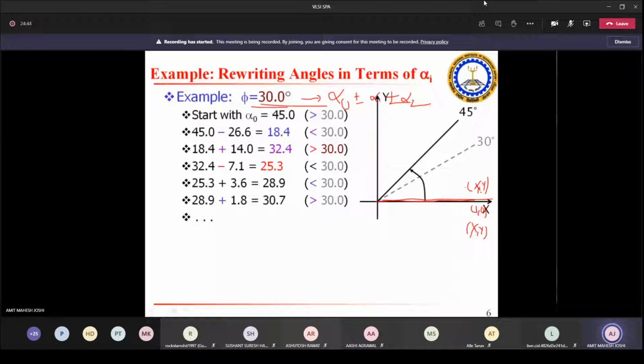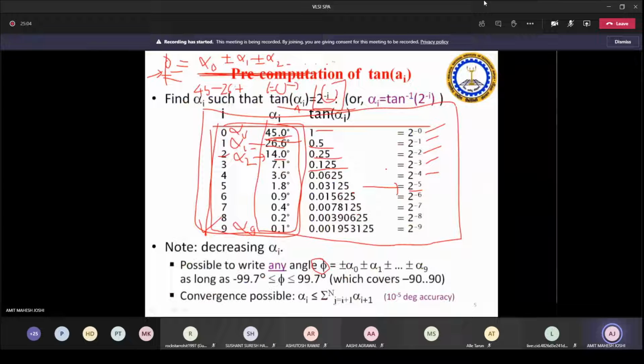Since we are talking about the unit circle, this particular point is part of the unit circle, so it has axis value 1, 0. From this 1, 0, I am trying to rotate it. This rotation will always follow the fixed alphas.